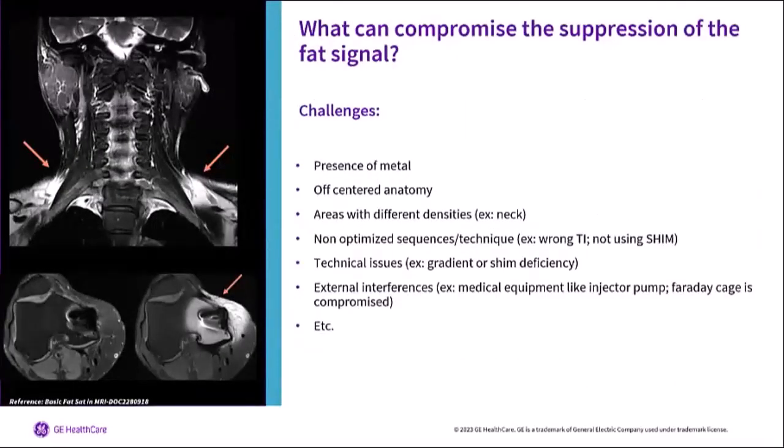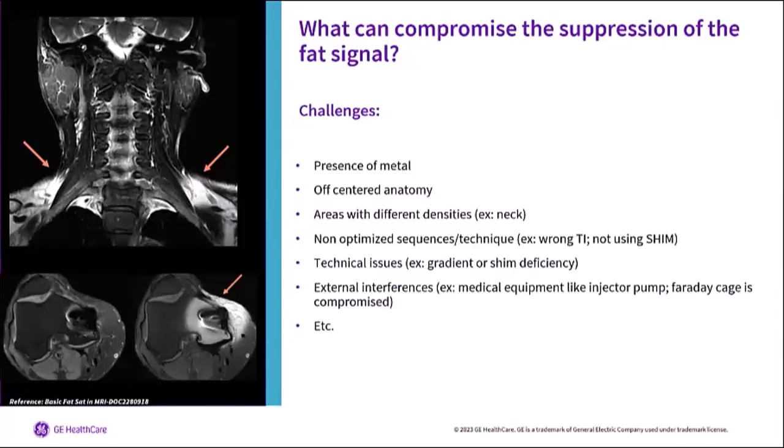Regardless of which FATSAT technique we are using, the challenges are all related to inhomogeneities of the B0 and B1 fields. This can be caused by presence of metal, either inside the patient's body or in their clothing, off-centered anatomy, or areas with very different interfaces, for example, the neck, where the interface between the neck and shoulders is always a challenge for FATSAT.